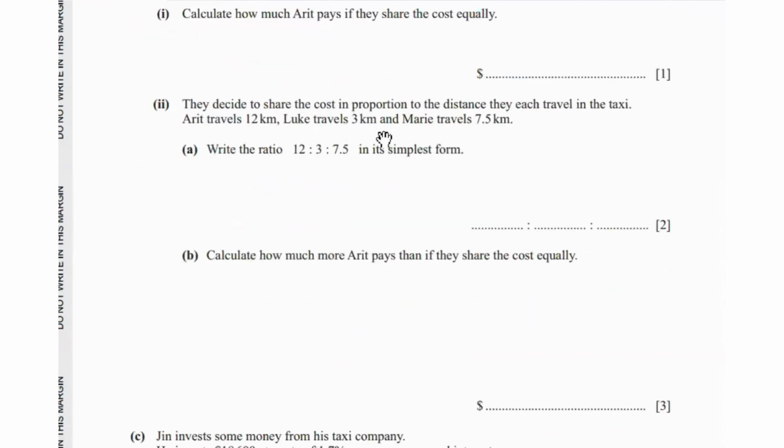Then they decide to share the cost in proportion to the distance they each travel in the taxi. Arif travels 12 kilometers, Luke travels 3 kilometers, and Marie travels 7.5 kilometers. Write the ratio 12:3:7.5 in its simplest form. So 12 can be divided by 3, 3 can be divided by 3, and 7.5 can be divided by 3. That gives us 4:1:2.5.